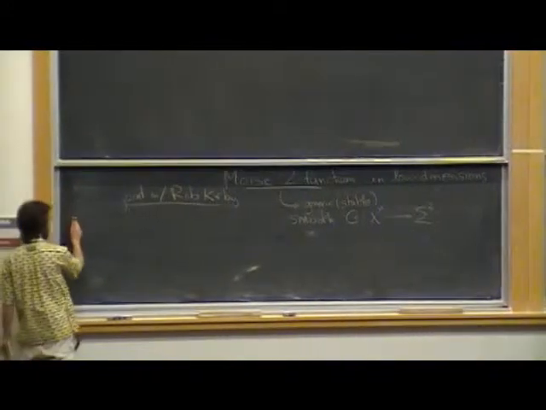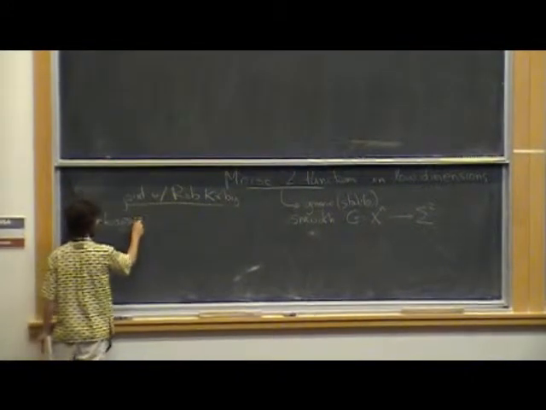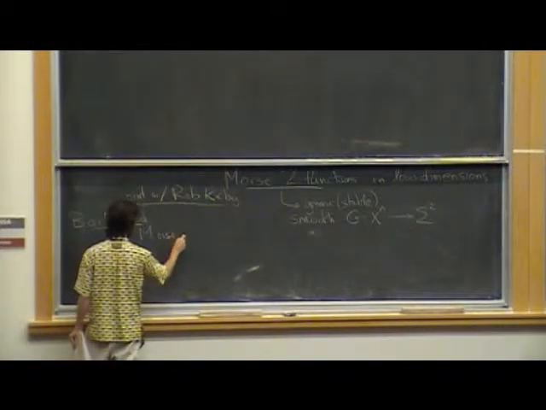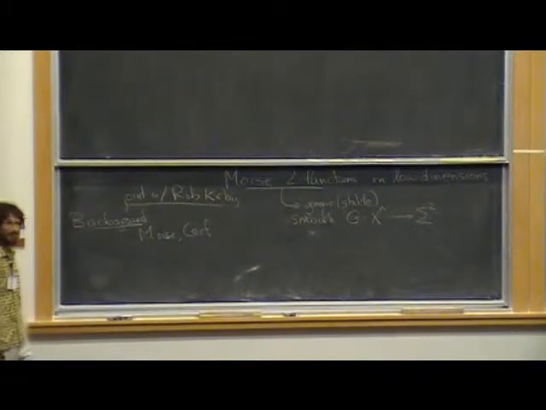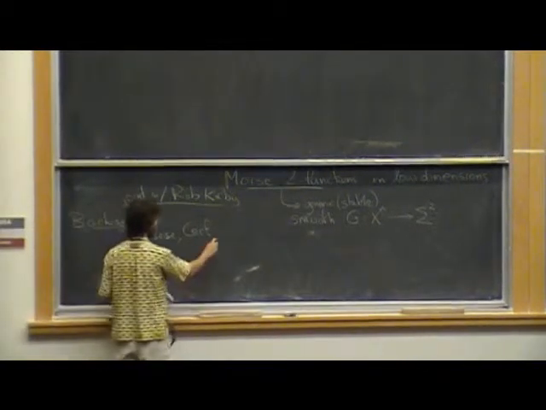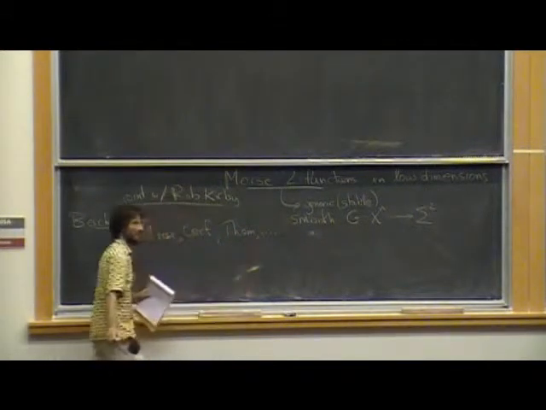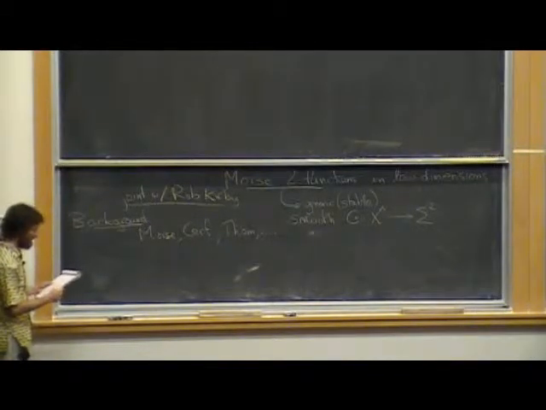Of course, the background goes back to Morse, about ordinary Morse functions, and then Cerf, thinking about one-parameter families of Morse functions, which plays a big role for us, and then Thom and his school, thinking about singularities, classifying singularities of smooth functions.